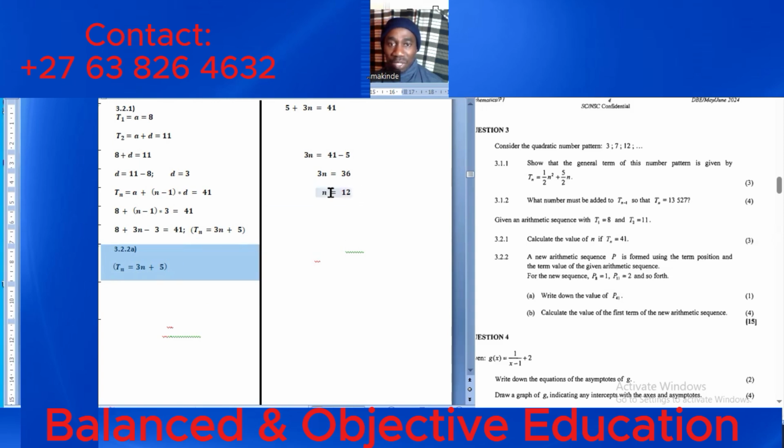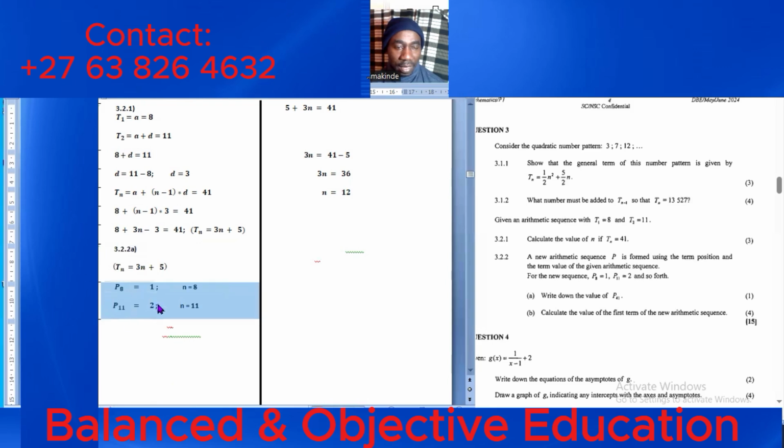So this position in the original sequence would correspond to the value in the new sequence P. Therefore, the value of the 41st term in the new sequence P would be 12. That is why it's just a 1 mark question. So that is that.